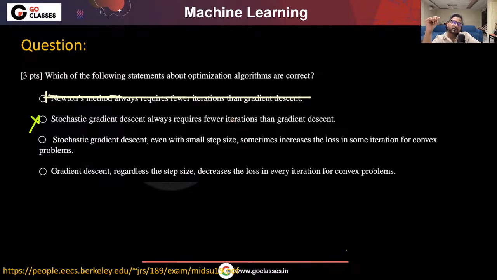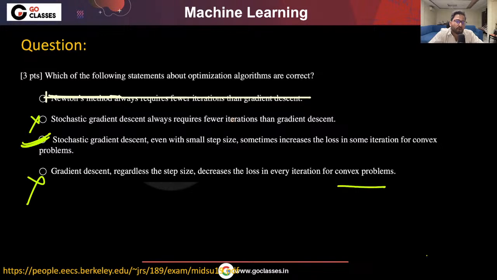So they are saying it can, even with a small step, sometimes increase the loss. Okay, can it increase the loss? Yes, it can. Actually, it can overall increase the total loss. See, the idea is to decrease the loss, but if I'm just looking at one example, it may not be able to guide me properly. Okay, so yes, it can do this. Gradient descent, regardless of the step size, decreases the loss. No. Okay.